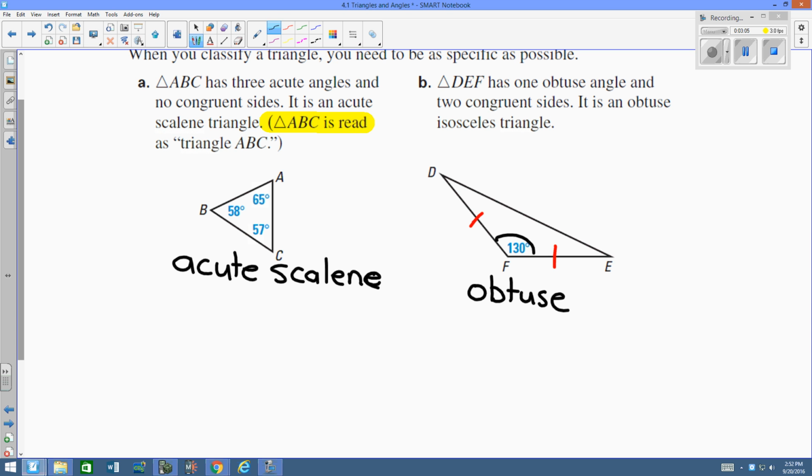So a triangle with 2 sides or more the same is called isosceles. I think I spelled this wrong. Let's check. Yeah. Let's switch that for an E. So an obtuse isosceles triangle.